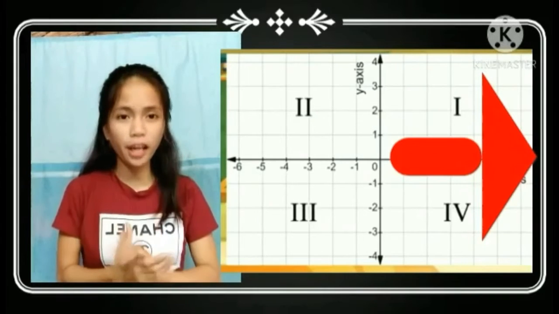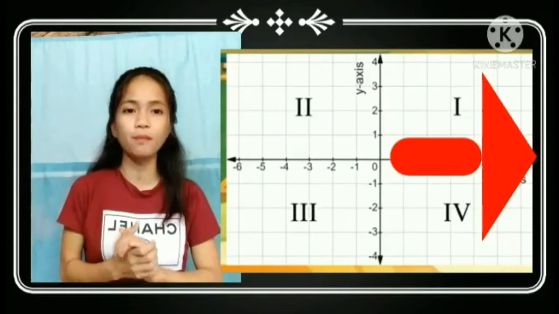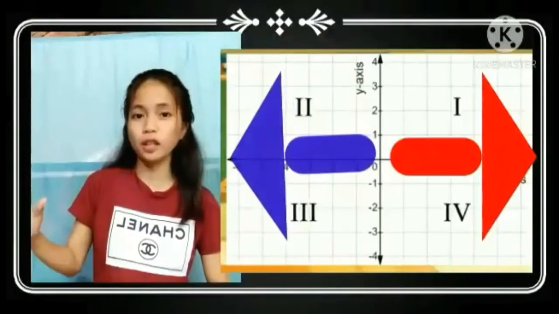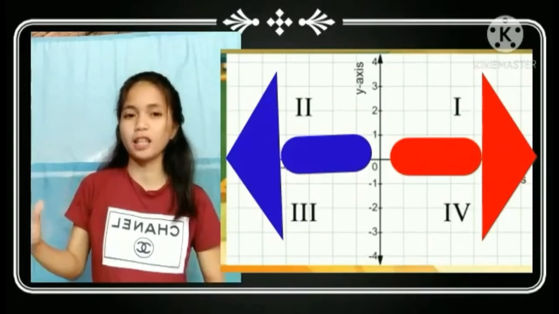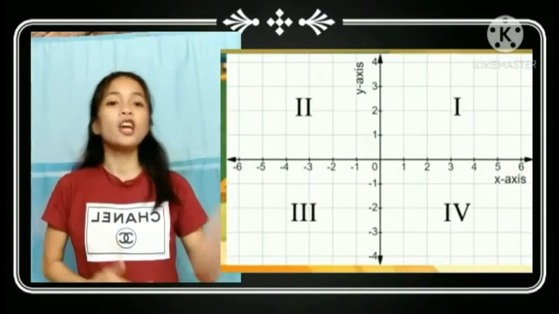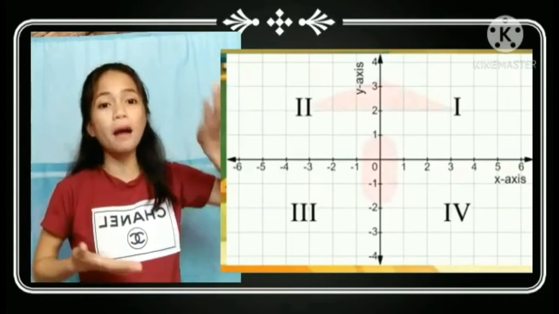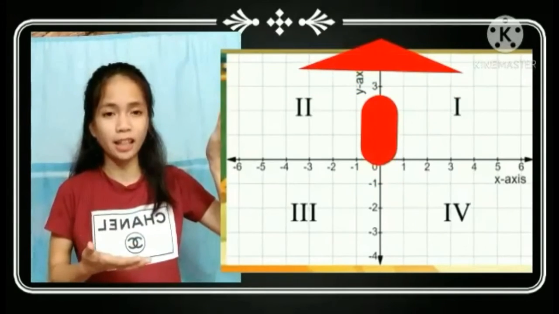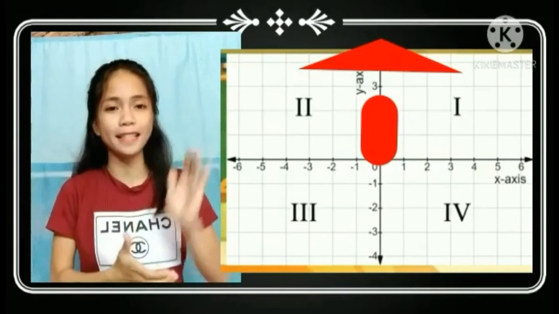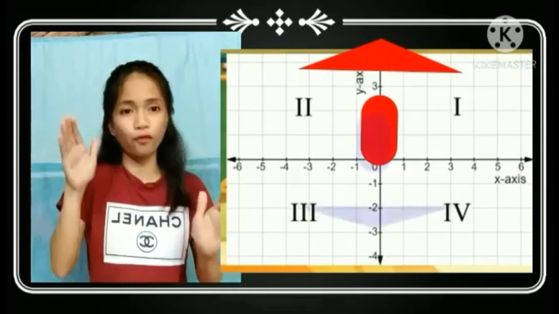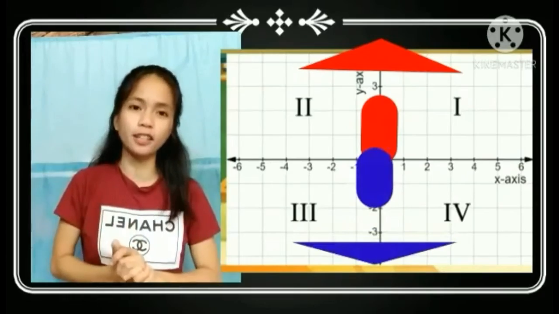If your x coordinate is negative, always move to the left of the origin. If your y coordinate is positive, always move above the origin. And if your y coordinate is negative, always move below the origin.